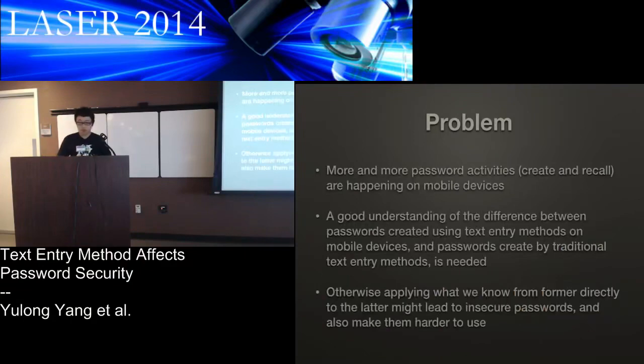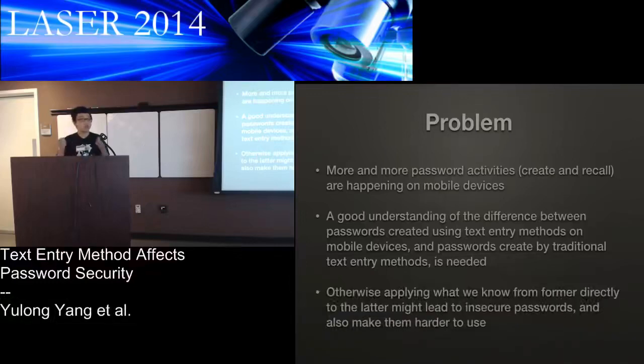So the problem is important because nowadays more and more activities that involve passwords, such as creating and recalling passwords, are happening on mobile devices. A good understanding of the difference between the passwords created by the text-centric methods on mobile devices and the passwords created by traditional text-centric methods is definitely needed.